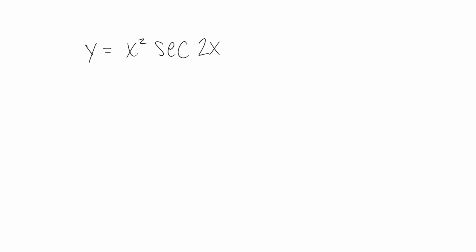So again, this is product. Here's my f, here's my g of x. And we're going to go g, f prime, plus f, g prime. We're going to add them together, take the derivatives. Okay, so follow, be careful. We can do this though.